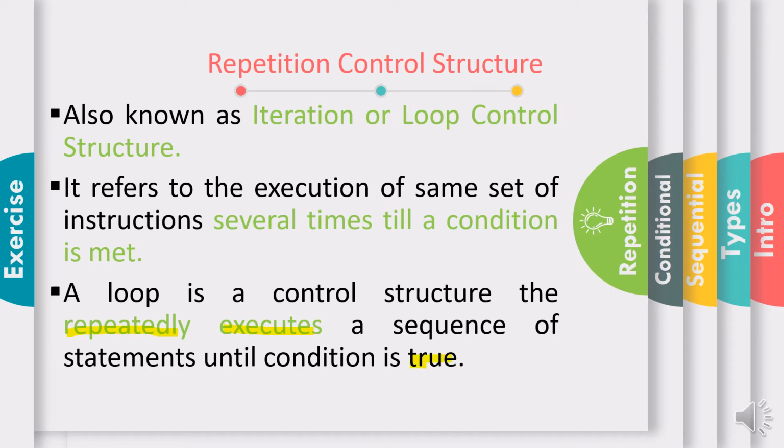When the condition becomes false, that set of instructions will not be executed anymore, but it will execute until the condition remains true, no matter how many times, maybe 2 times, 5 times, 100 times, or more than 100 times.